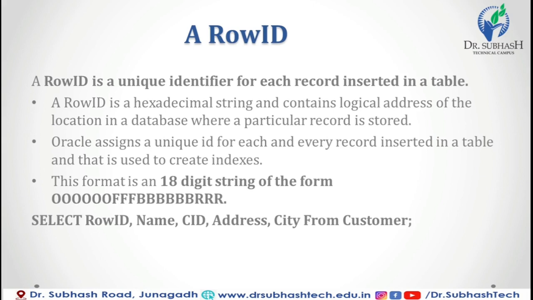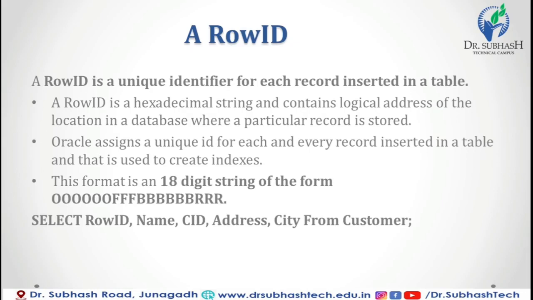Oracle assigns a unique ID for each and every record in the table, and it is used by the create index. Okay. The format of a row ID is like an 18 character string. For example, here you see these 18 characters of hexadecimal string.